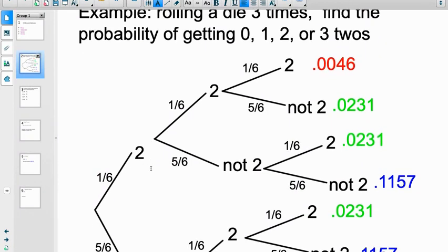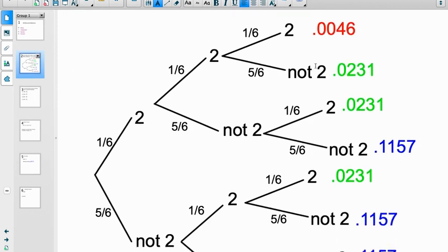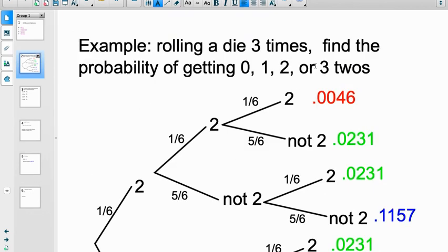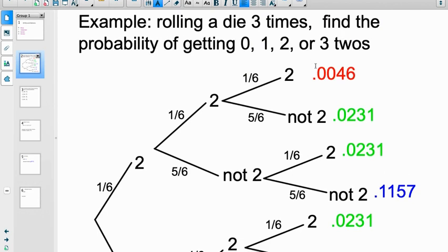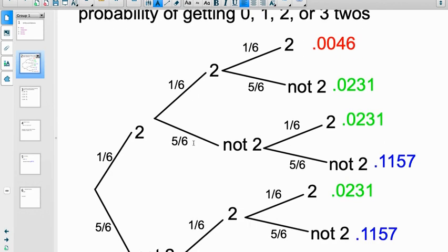To get 3 twos, you do 1/6 times 1/6 times 1/6, so 0.0046. The probability of getting two 2s would be 0.0231 each separate time, but it happens 3 times.